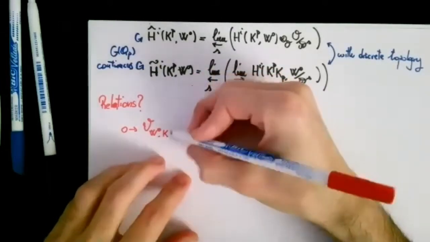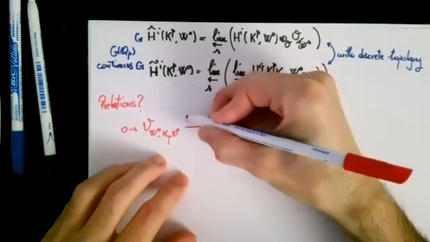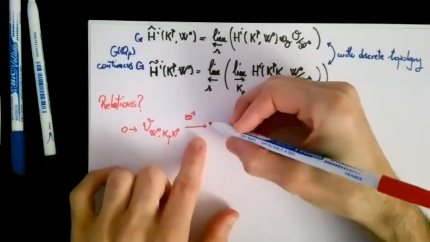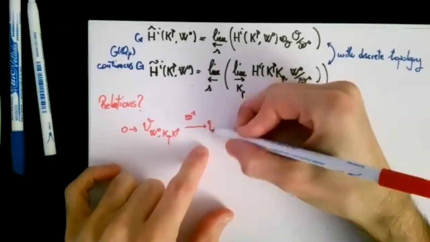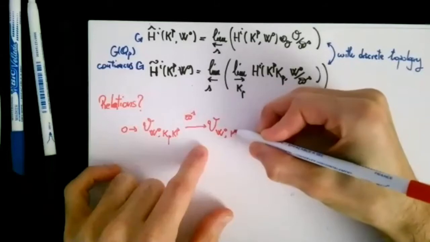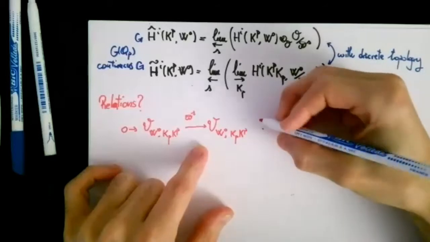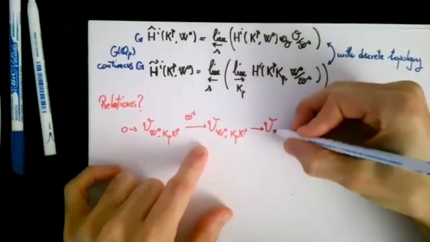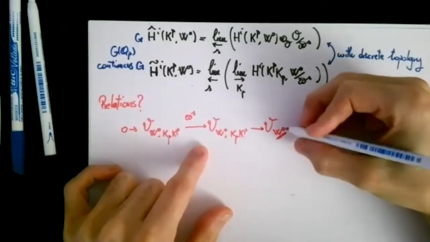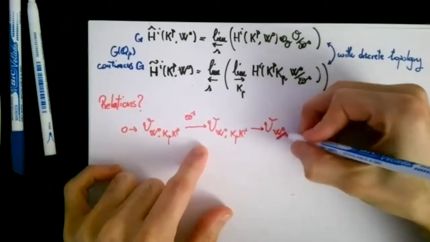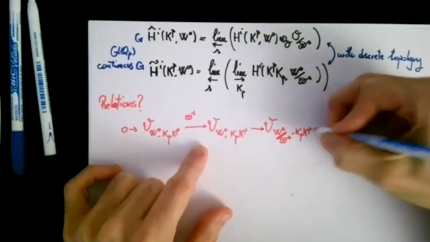So I consider this Kp, K upper P. Here I have the multiplication by pi, omega S. So here we have a W naught K lower P, K upper P. And here we have V, W naught by S, comma, K lower P, K upper P.